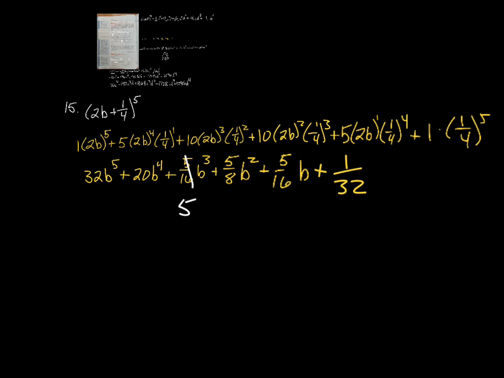That's a 5. 5/8 is right. This should be 5/128. And then this one should be 1/1024. So I was trying to do that in my head and I messed up.